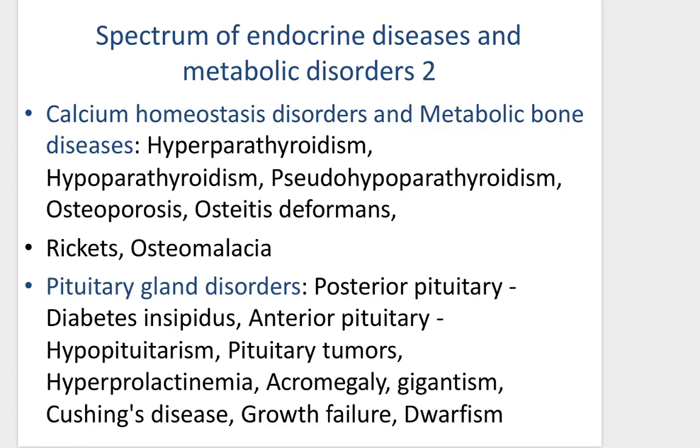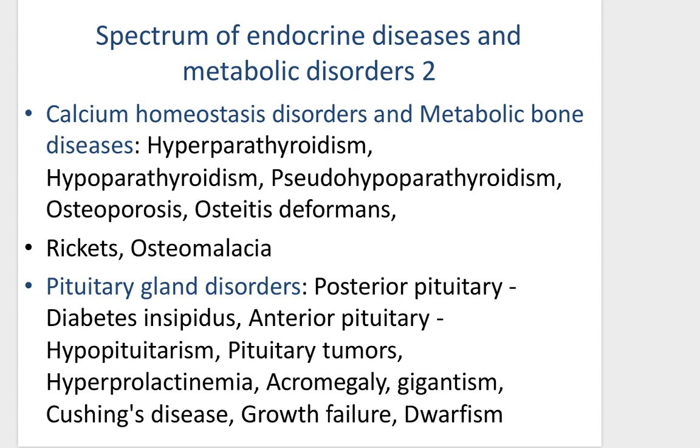Additionally, we include calcium homeostasis disorders and metabolic bone diseases, like hyperparathyroidism, hypoparathyroidism, pseudohypoparathyroidism, osteoporosis, osteitis deformans. Moreover, it can be rickets and osteomalacia, and pituitary gland disorders like those of the posterior pituitary.